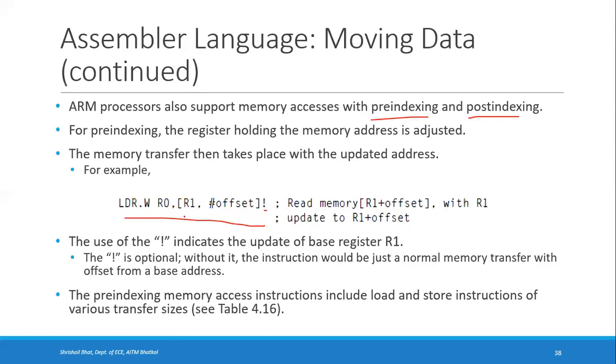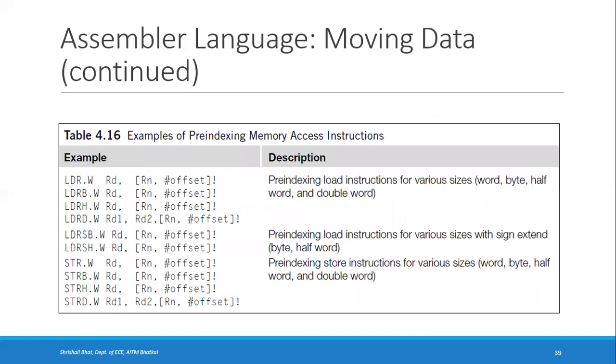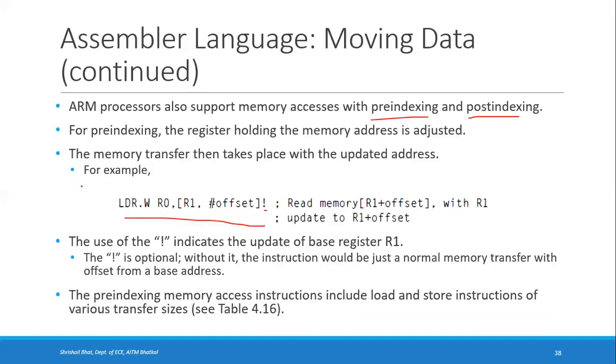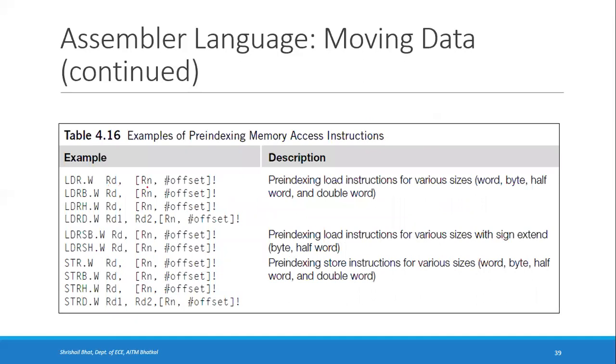There are different sizes again for pre-indexing memory access instructions with load and store operations. This is the one that we have seen in this example. The first one, LDR.W Rd, comma, in the brackets Rn, comma, hash offset. So Rn plus offset is calculated and Rn is updated, and the content pointed to by that address is copied into Rd.